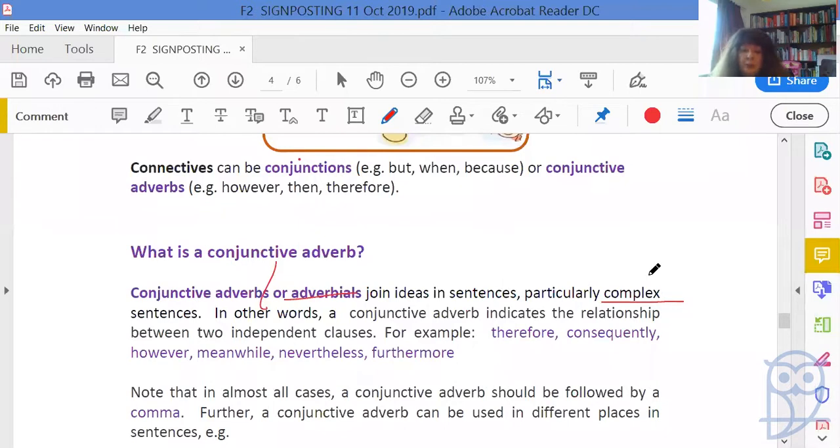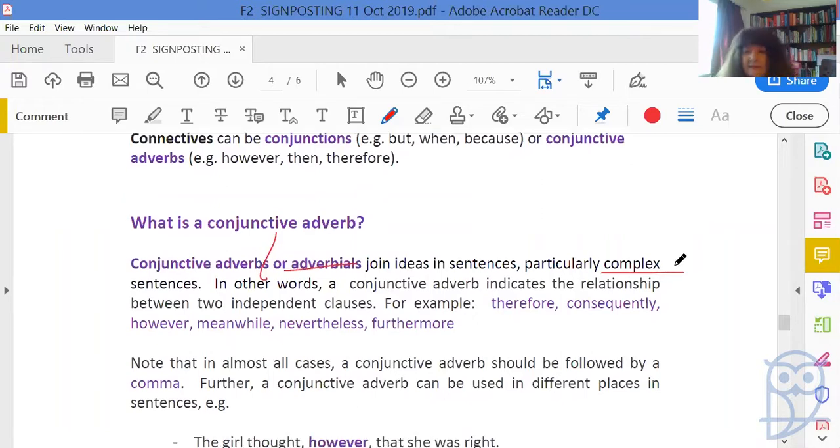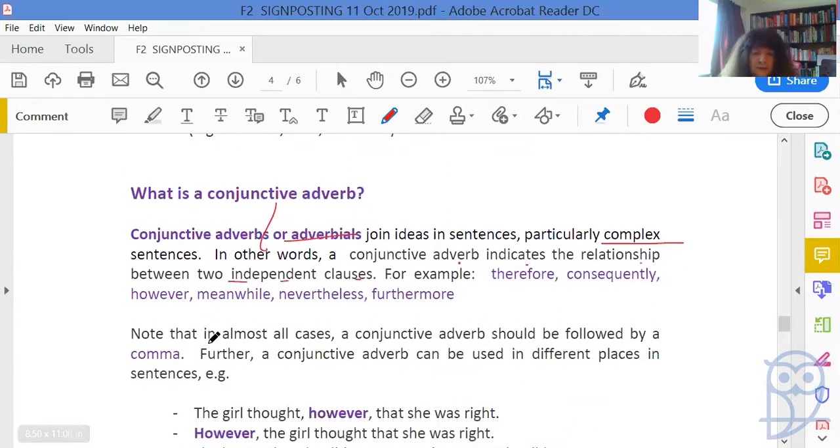Remember, a compound sentence will have two main clauses. A conjunctive adverb indicates the relationship between two independent clauses. There are words that you could use: therefore, consequently, however, etc.